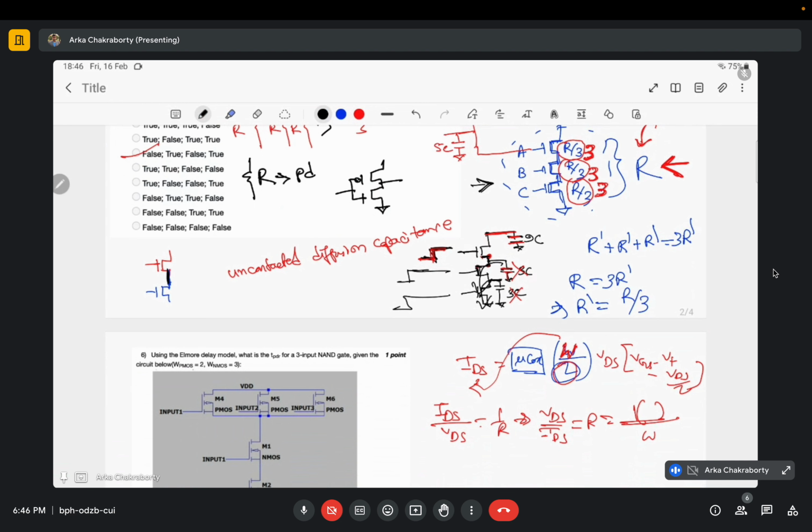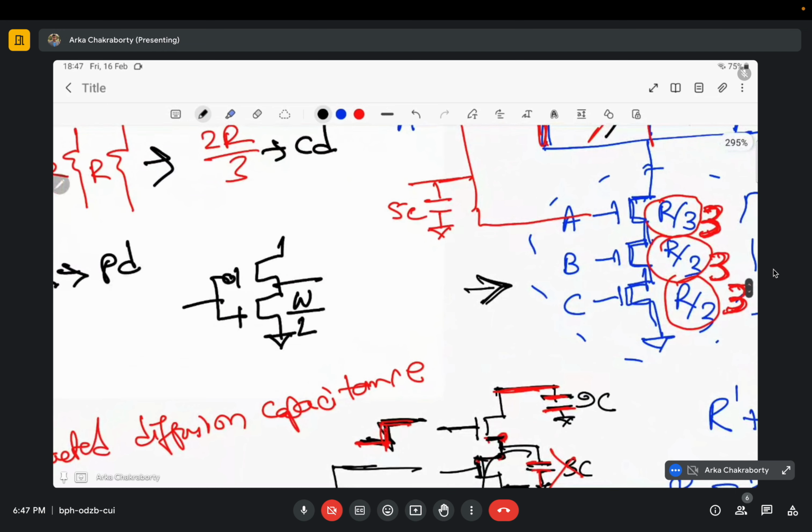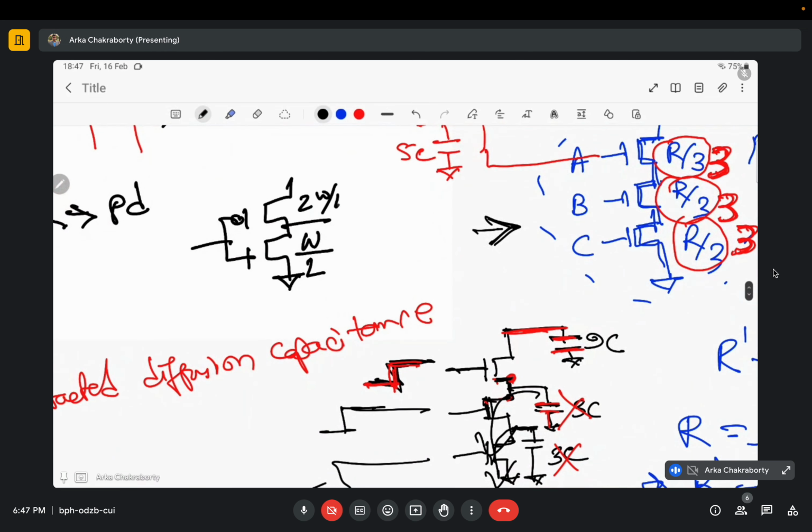Basically, the minimum possible length is L, and the minimum possible W is W. So it would be W by L for the NMOS, and this would be 2W by L for the PMOS. Why twice? Because the mobility of PMOS is half. So in order to ensure rise time and fall time to be equal, I need an equal amount of current, so I take the W to be twice.